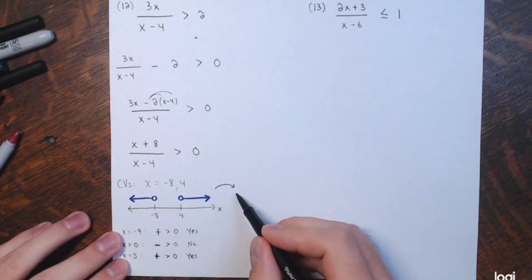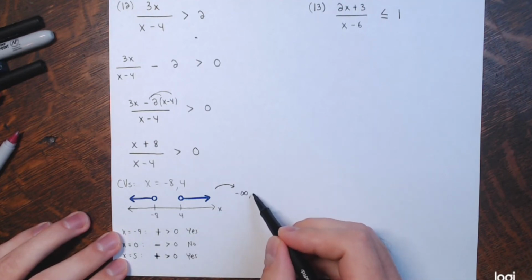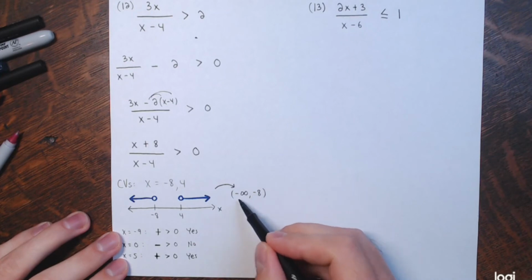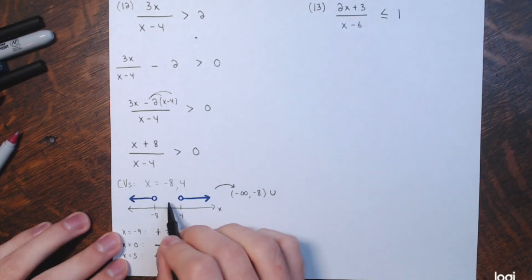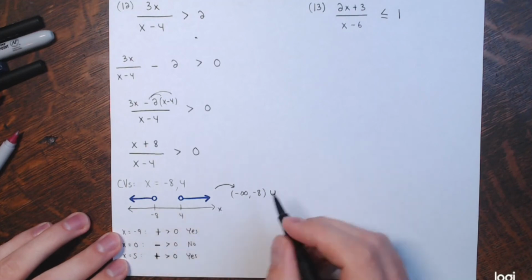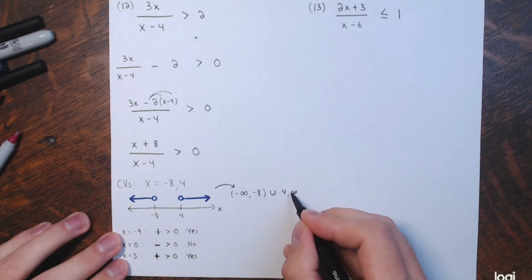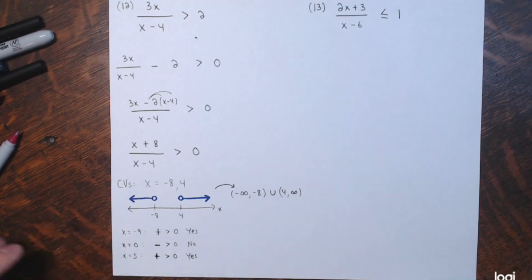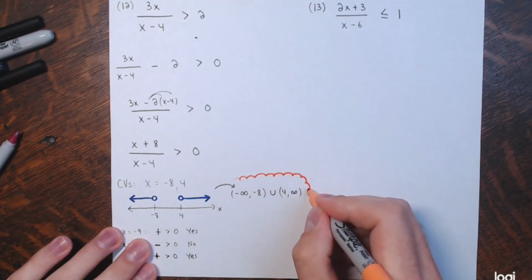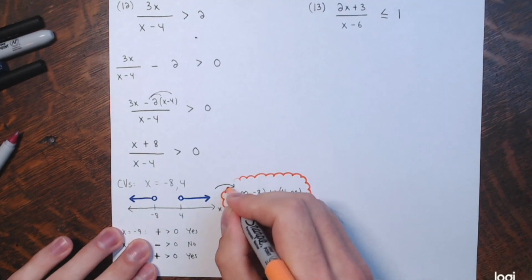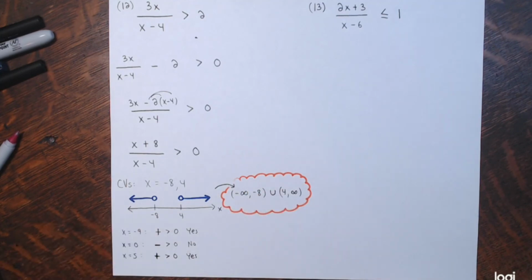It'd be from -infinity to -8 with parentheses on both, in union with, right, the gap, the hole in the graph here, and then 4 to infinity, parentheses on both. Right. And this is what they're asking for, right? The interval notation. Great.